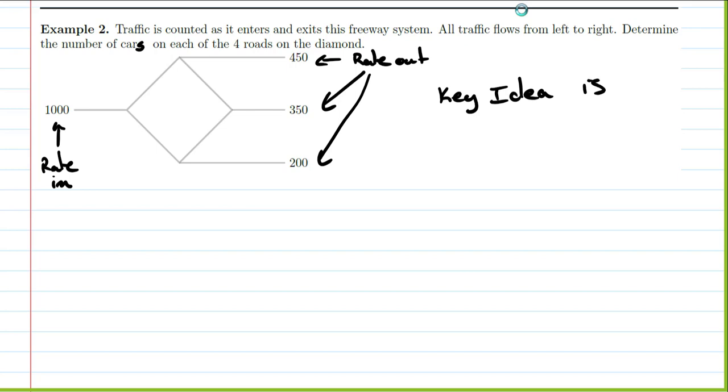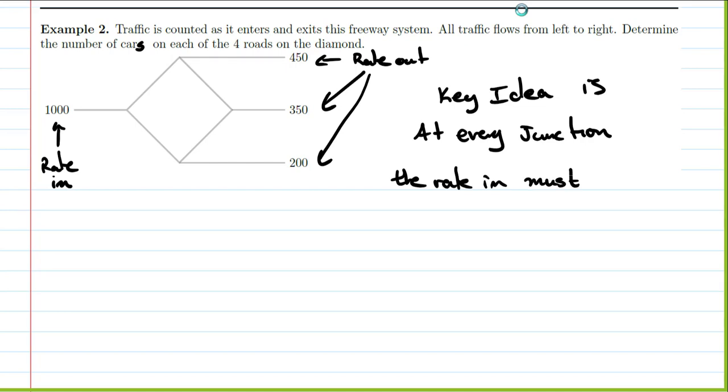So the key idea is at every junction the rate in must equal the rate out.